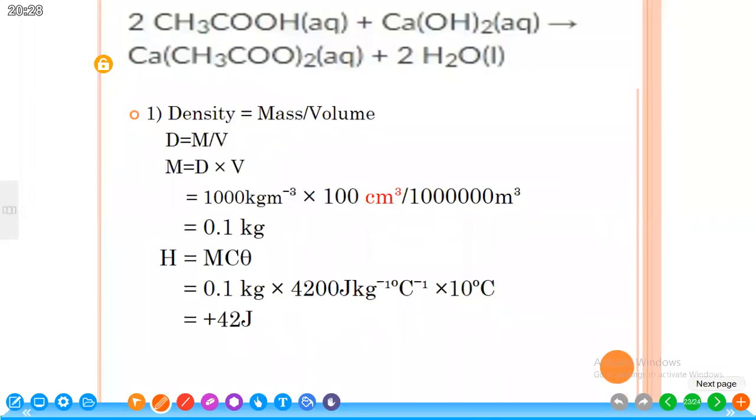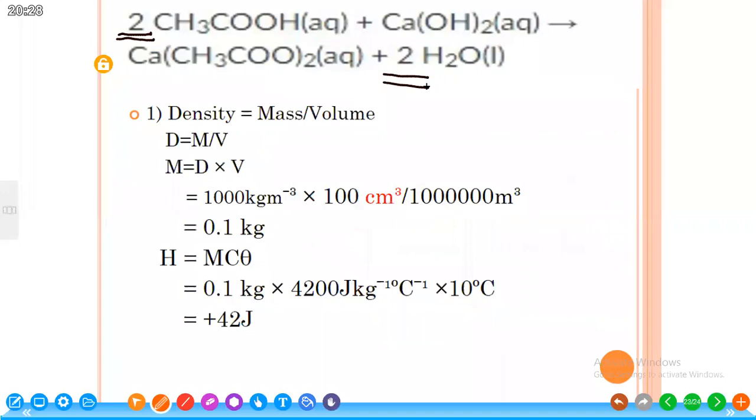How do we balance? We use the number count of carbon, oxygen and hydrogen and equalize the equation. So first we put 2 in front of vinegar, and the product is 2 water here.